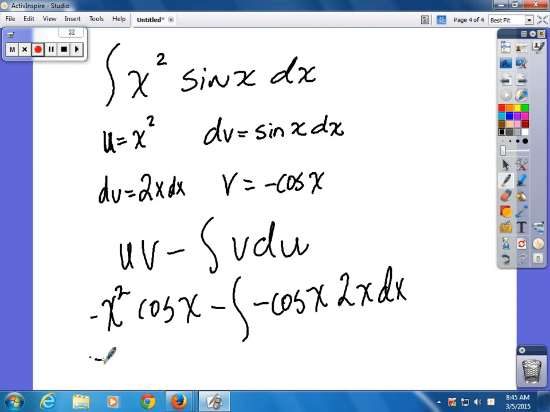Negative x squared cosine of x, and that negative 2 will make that a positive 2 times the antiderivative of cosine of x, and put x out front, dx.